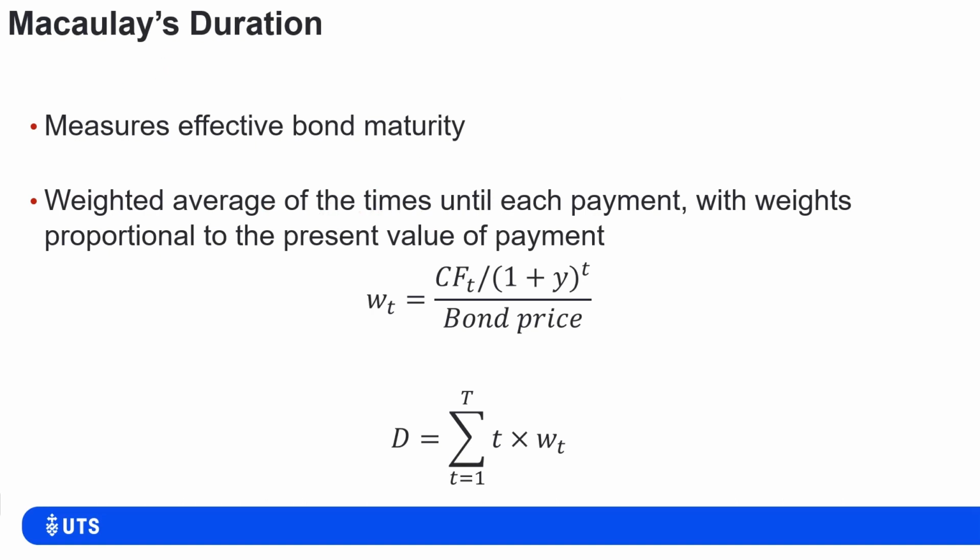By definition, Macaulay's duration is just a weighted average of the times of each payment, with the weight being the fraction of the discounted payment over its price.